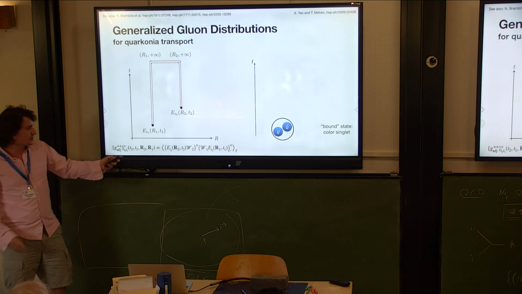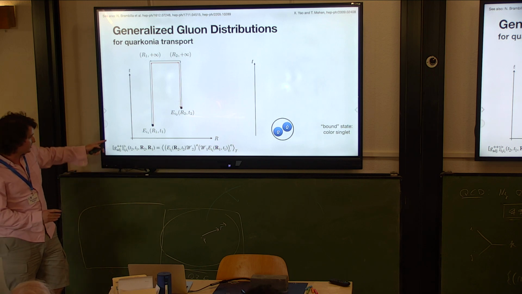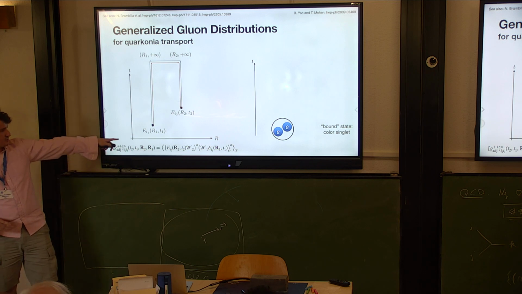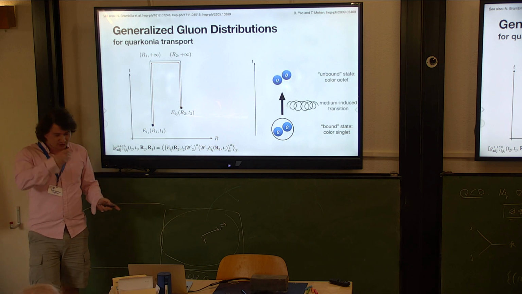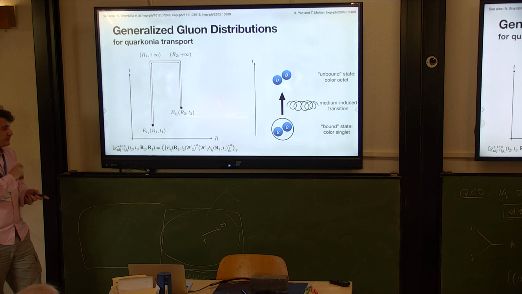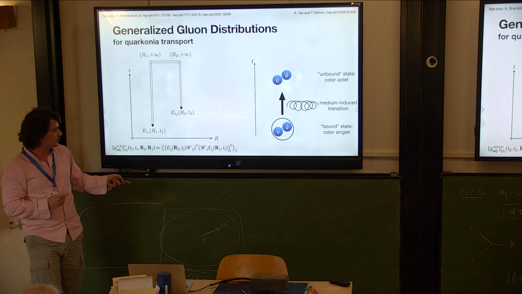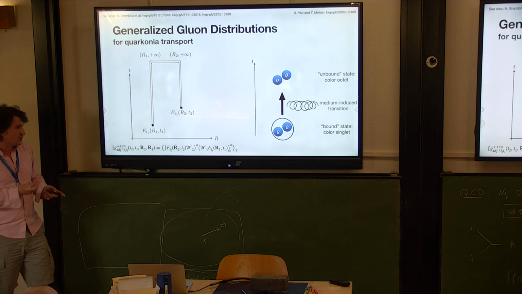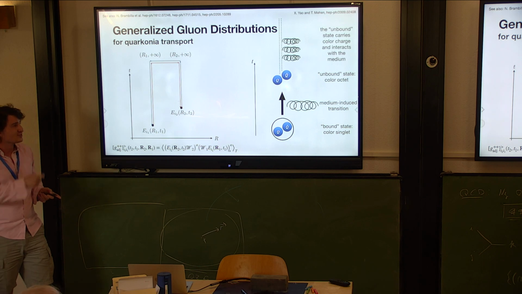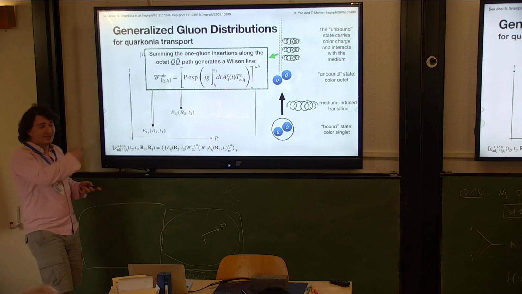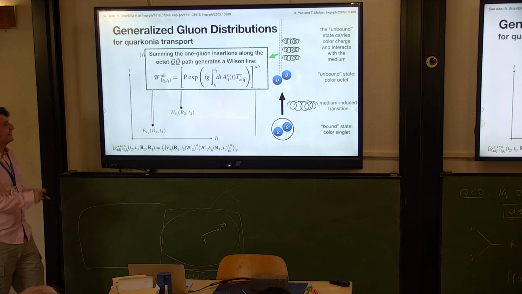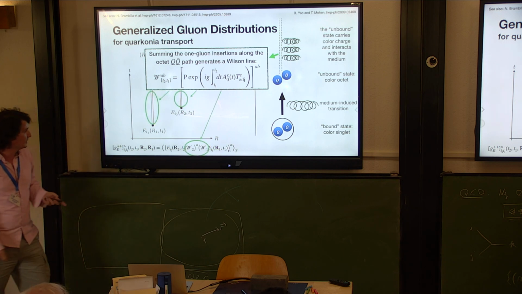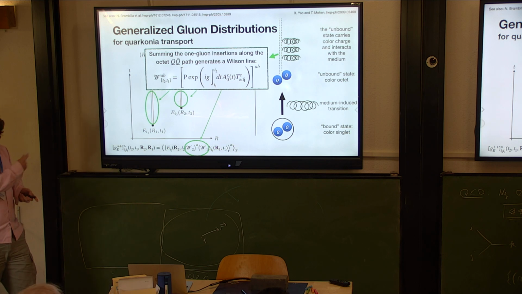On the left here, you start with a bound state, a color singlet state. So you have no operator insertions at early times on this plot. Then at some point, there's an interaction that is perturbatively controlled by the power counting of your effective theory, by which the state transitions to an octet. And then it's color charged, so an adjoint Wilson line appears. You cannot neglect any of those contributions because they're not suppressed by the power counting of your effective theory, and so you have to put them in.